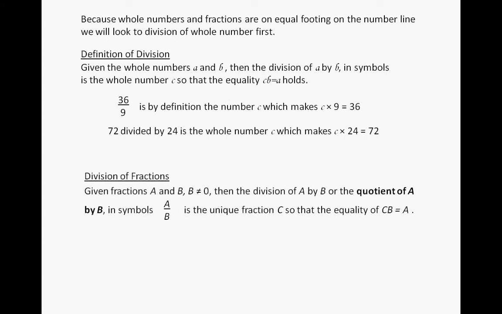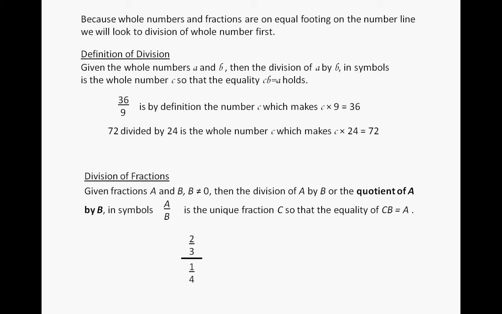So how does that apply to fractions? Well, here's a definition. Division of fractions: given fractions a and b, and obviously b not being 0, the division of a by b, or the quotient of a by b, in symbols a over b, is a unique fraction c so that the equality c times b equals a. Notice the similarities between the division of fractions and the actual definition of division.